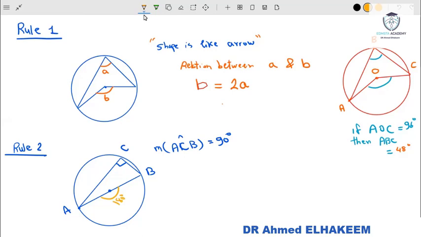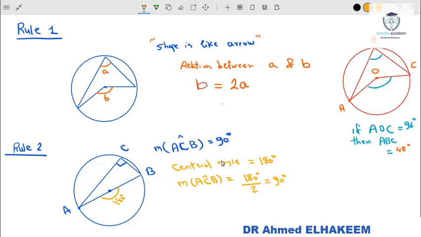Because the central angle in this case equals 180, this angle, the measure of ACP, will be equal to half of this central angle, so it will be equal to 90. Clear?